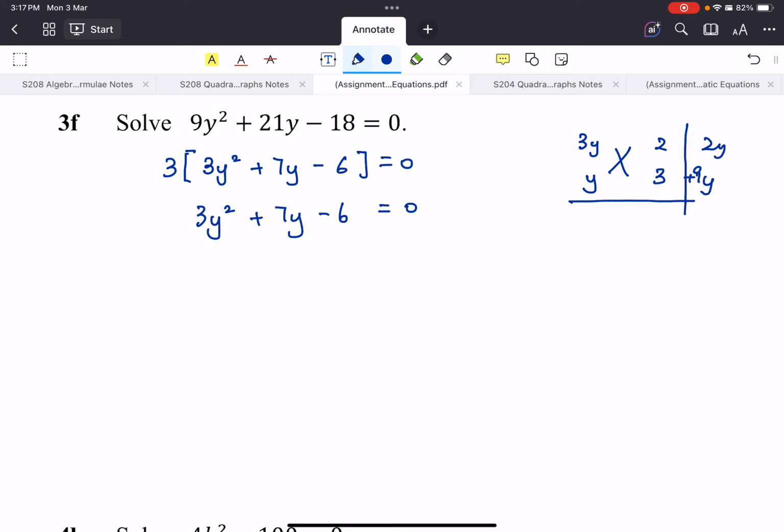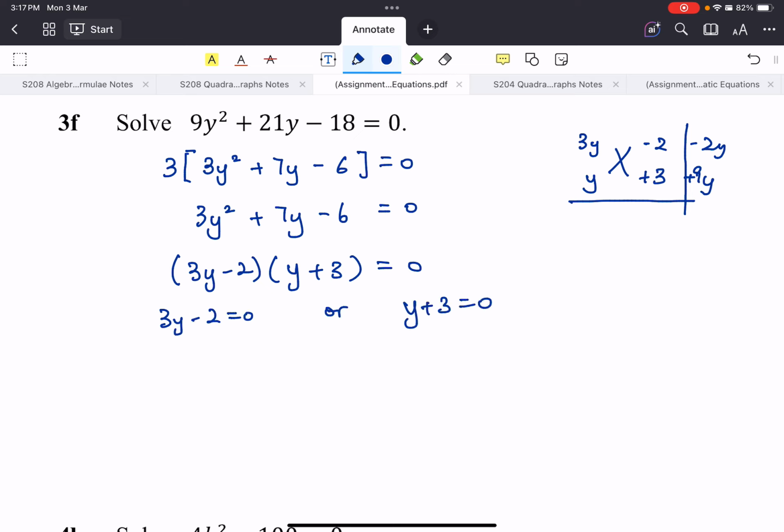That means positive, negative. So I factorize this, I'll get 3y minus 2 multiplied by y plus 3 equals 0. From here, 3y minus 2 is equal to 0, or y plus 3 is equal to 0. So that gives us y equals 2/3, or y equals negative 3.